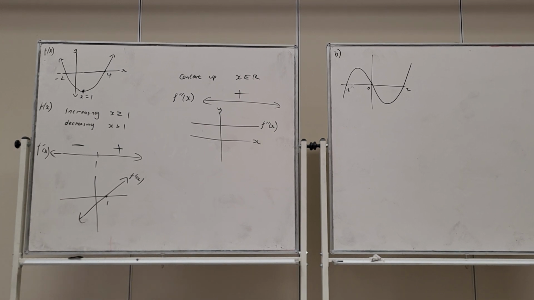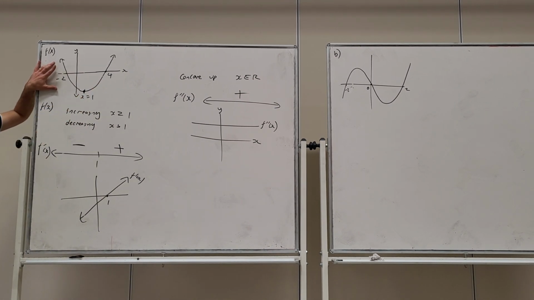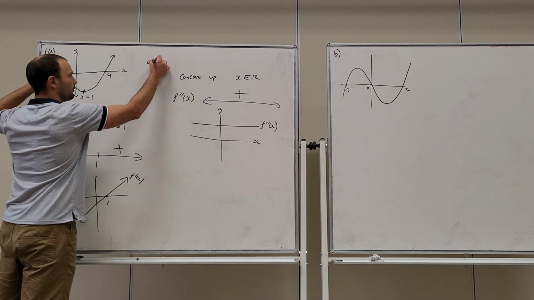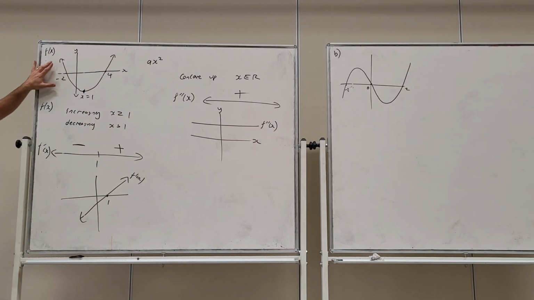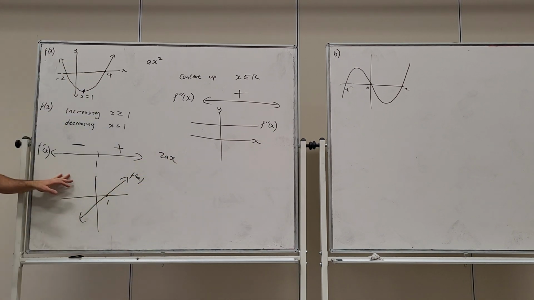So let's provide some further justification for that. Firstly, here we should look at that and we should recognize that's a quadratic, so it's of the form ax squared, some type of quadratic. And when we differentiate it, we get 2ax, which is the equation of a line. We don't know what the y-intercept is, that's not relevant.